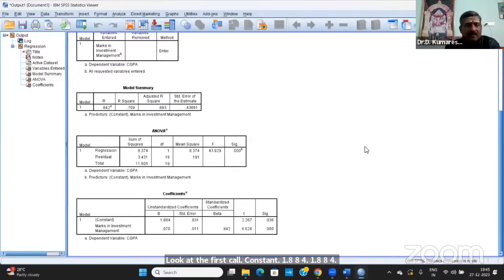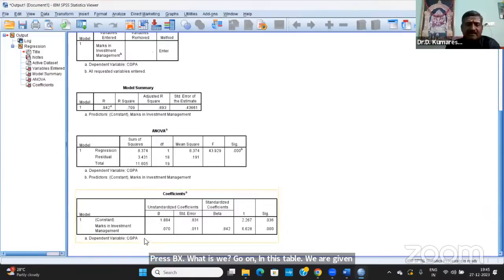A. So in the equation, y equal to 1.884 plus bx. What is b? Coefficient of x. In this table, we are given the coefficient of x.